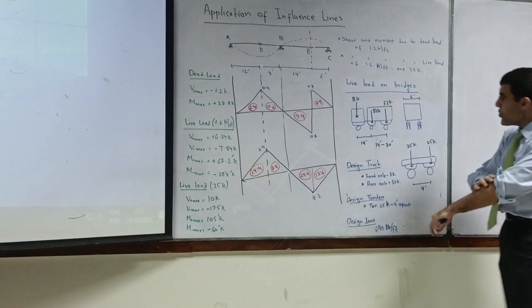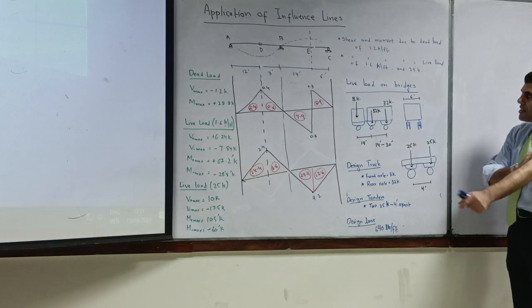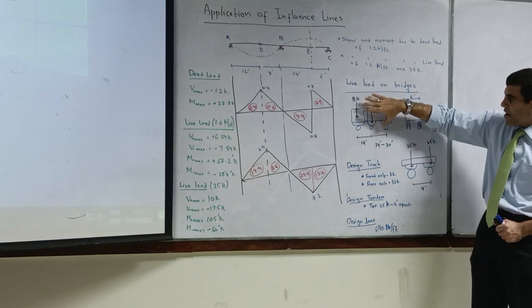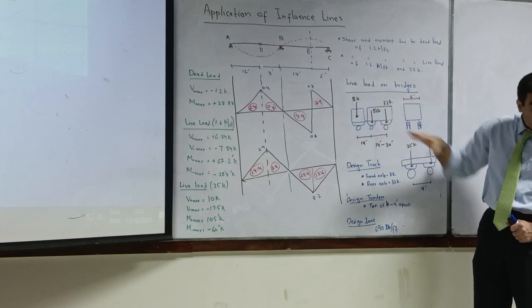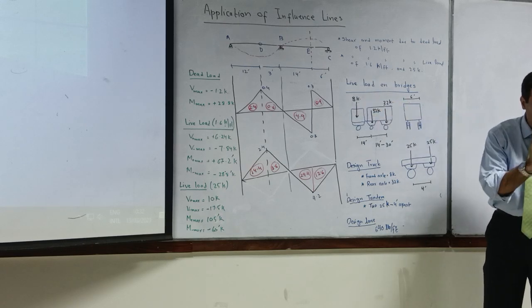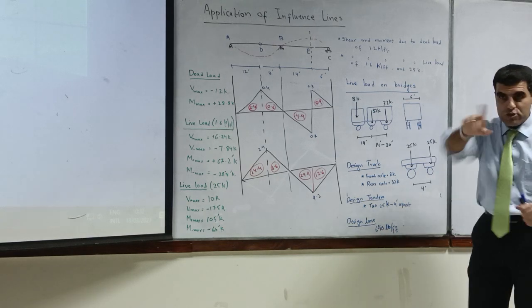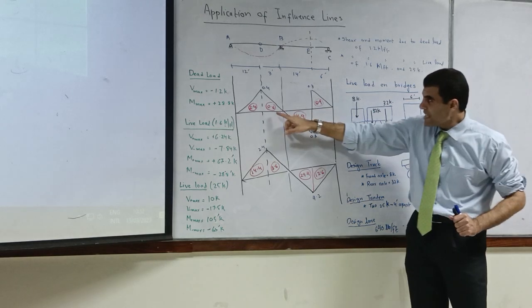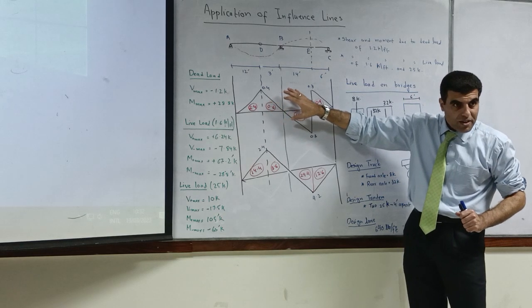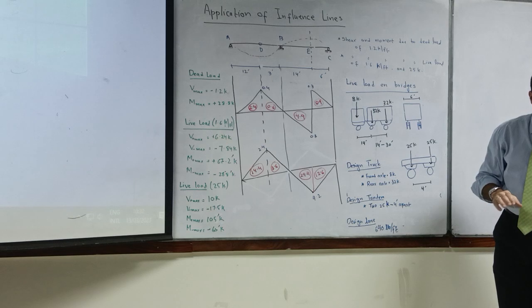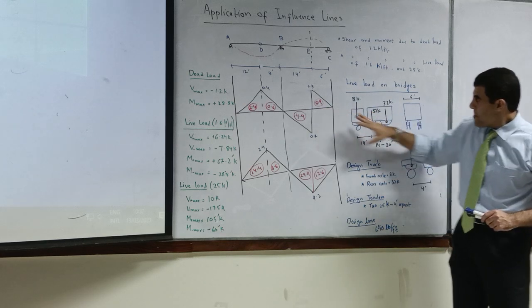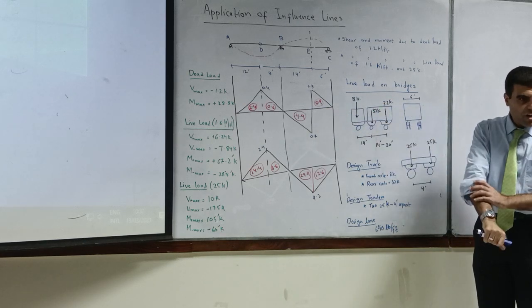How would you apply your lorry load? You have to place the whole lorry at the same time at a certain location. So if I ask you to find the maximum positive shear, where will you put your lorry?